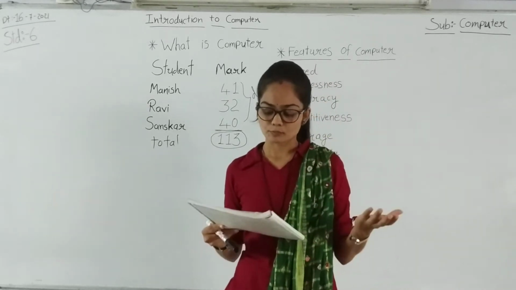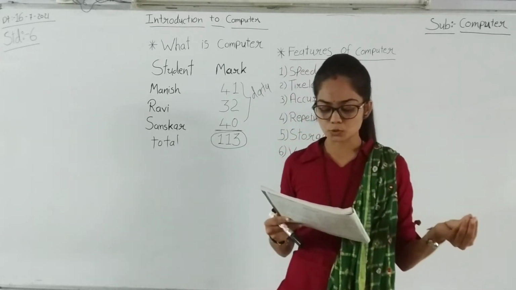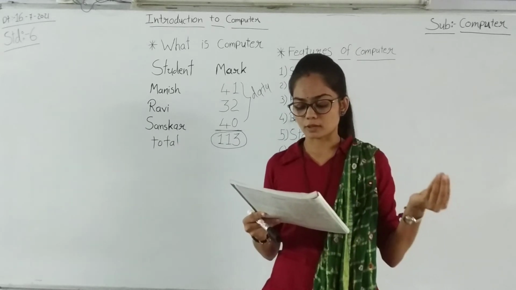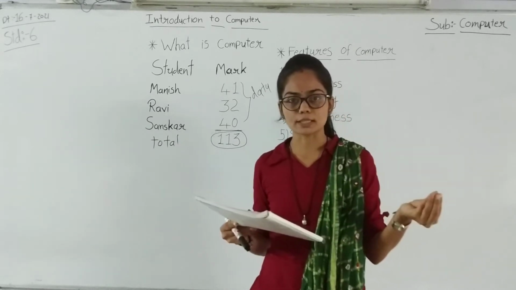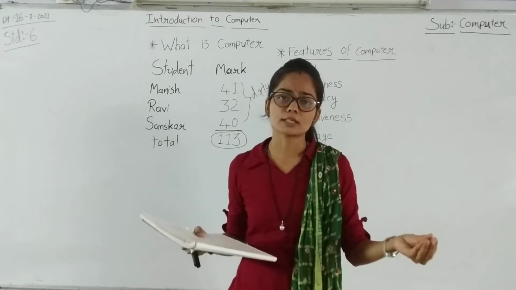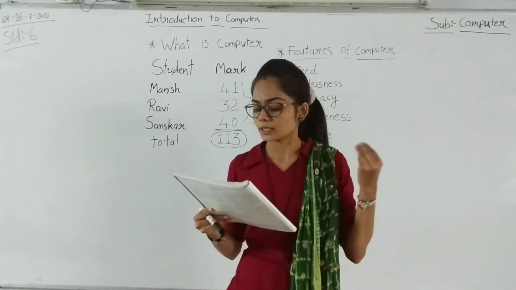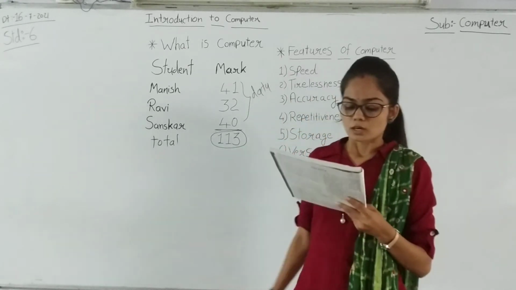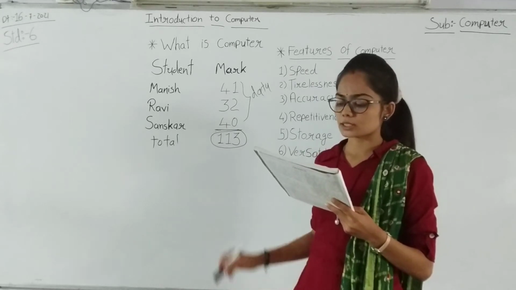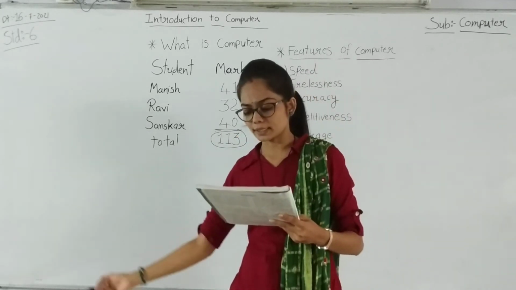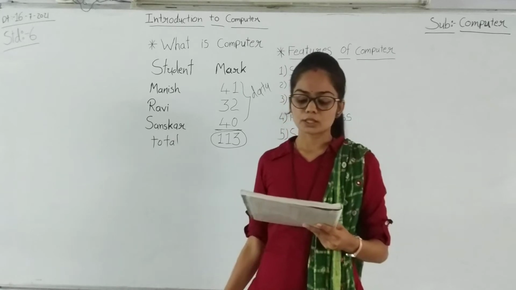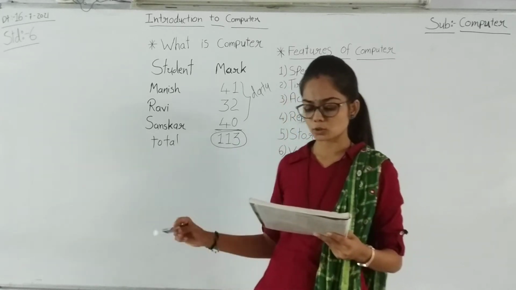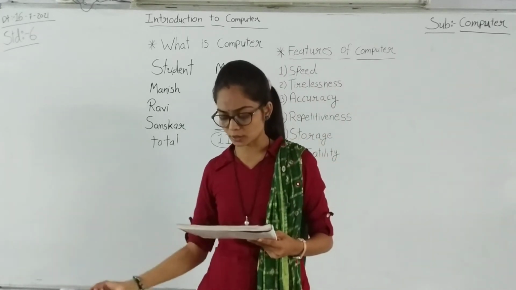As I said, it is used to perform complex calculations very quickly and give us the result in a fraction of a second or in a second. It can perform even the most complex calculation very quickly and accurately.